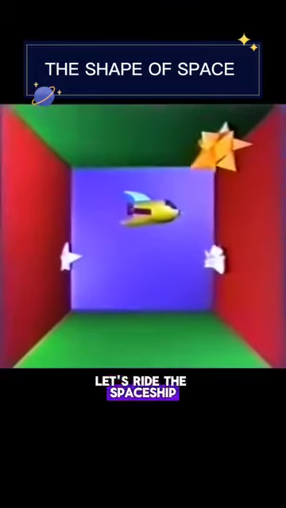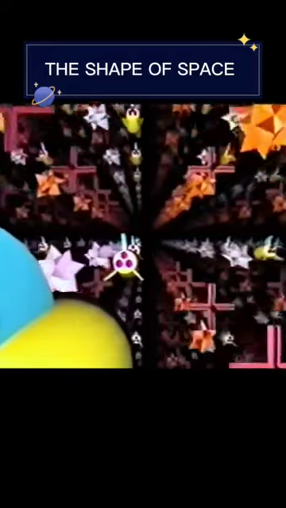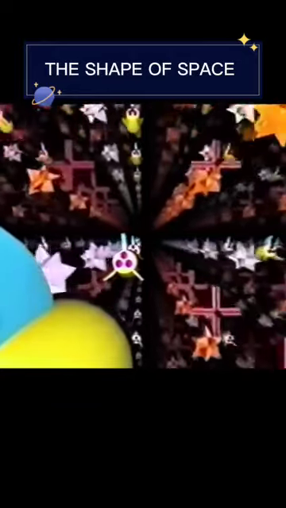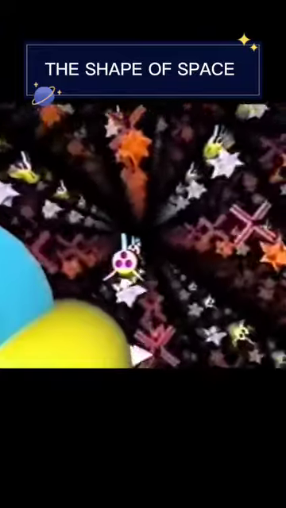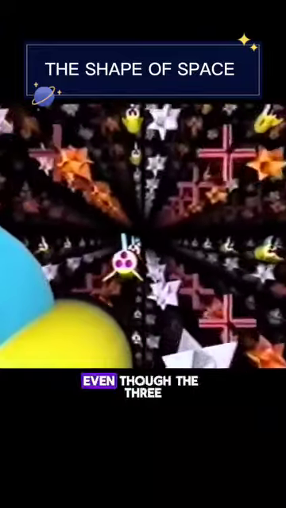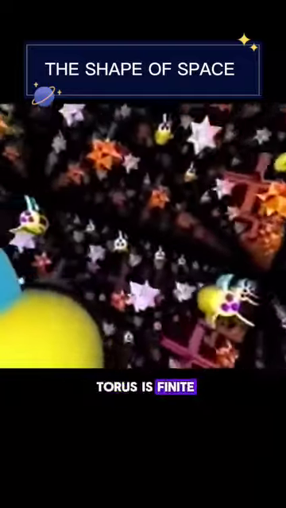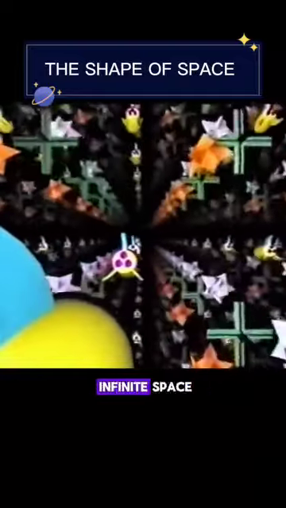Let's ride the spaceship inside the 3 torus. Even though the 3 torus is finite, we have the illusion of flying in an infinite space.